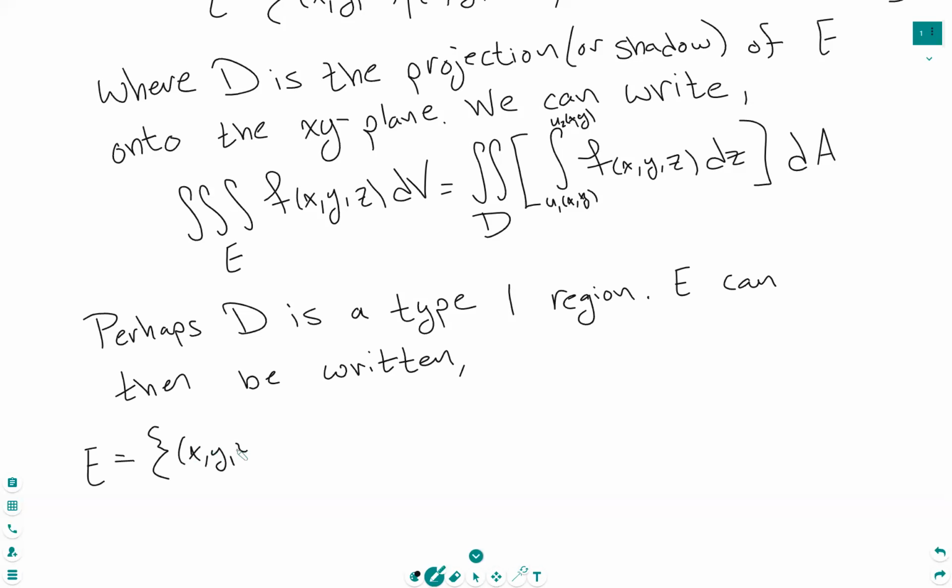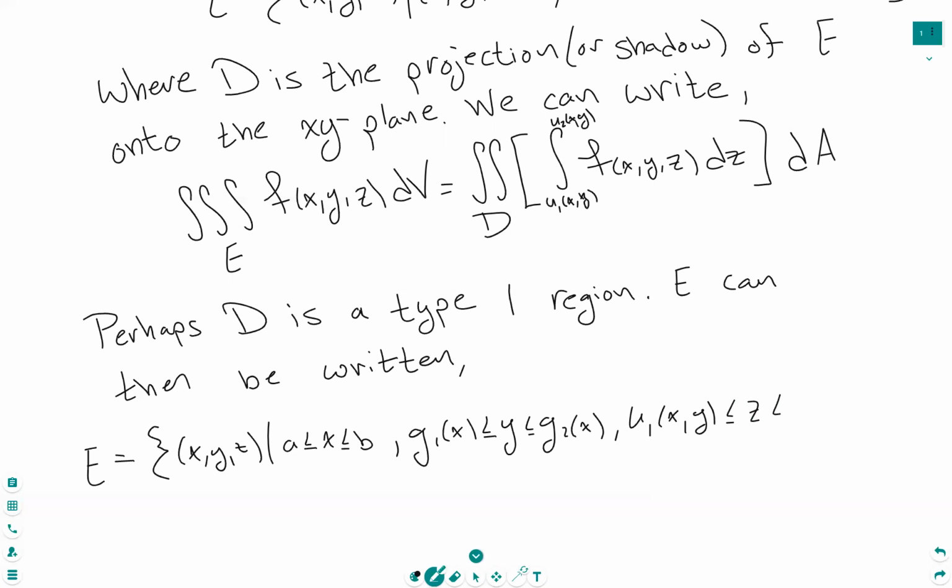So we have x, y, z, where a and b bound x. Then maybe we have a function that bounds y. It's a function of x. But then we have the original bounds for z, which is a function of both x and y.